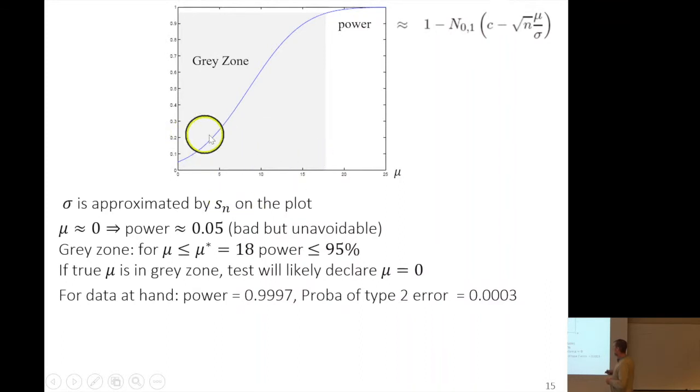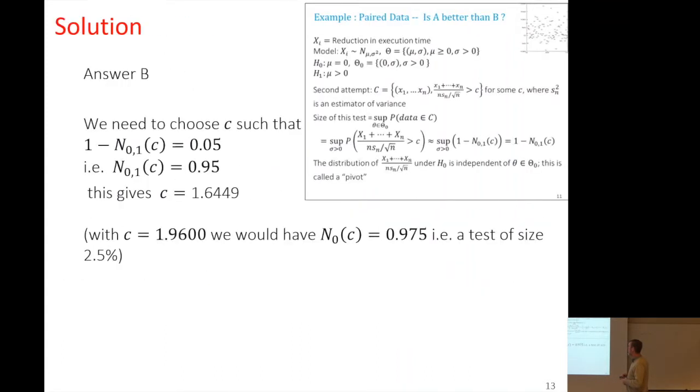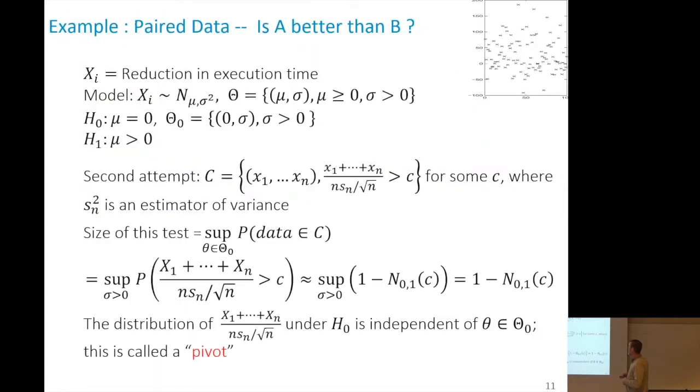So when we're in the gray zone, the test is very likely to declare mu equal to 0 here. So we can also compute for the data that we had, for exactly the data that we had in the test, for this cloud of points here.